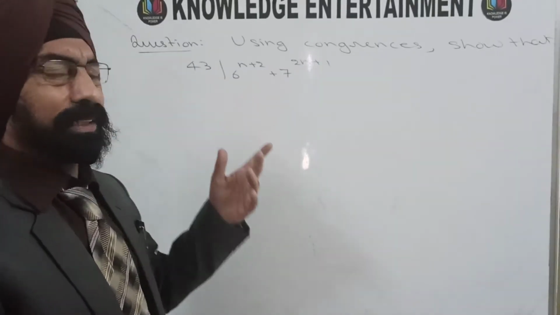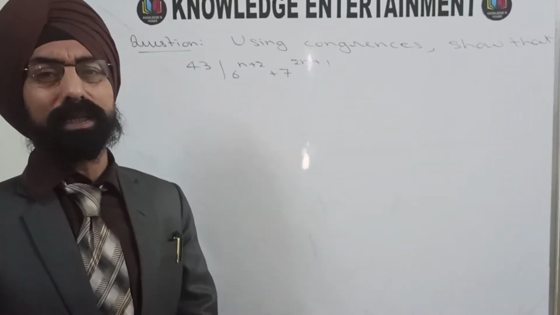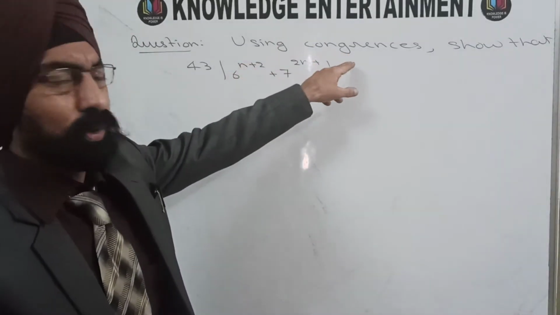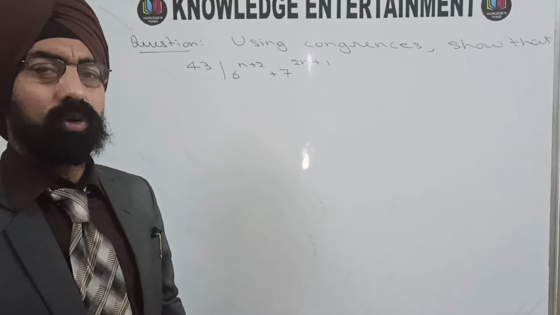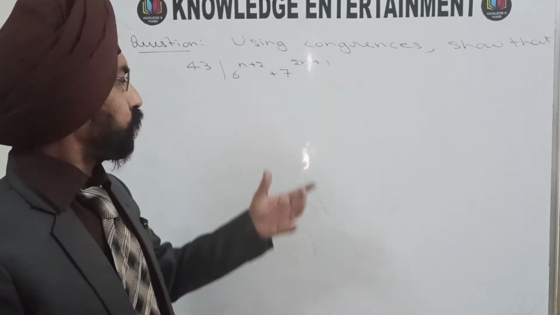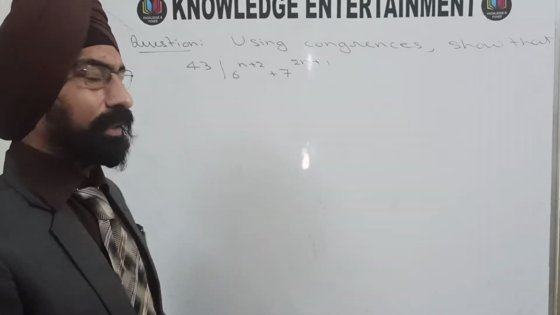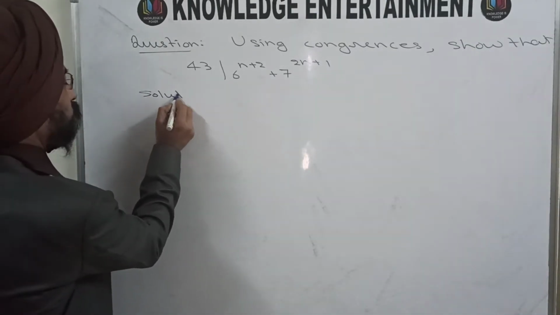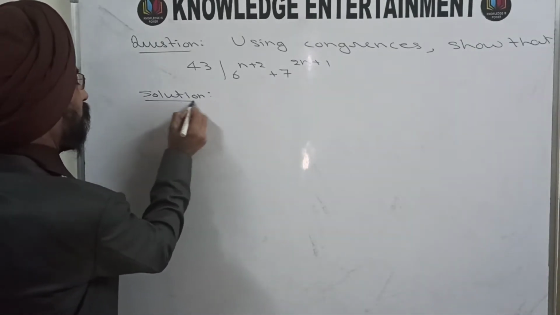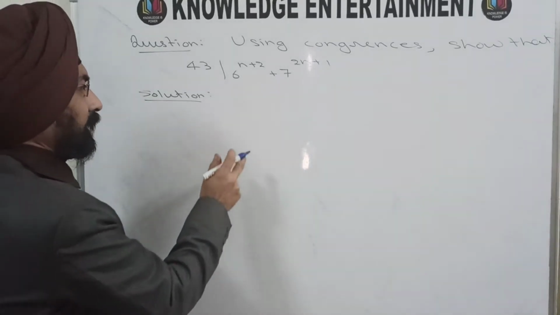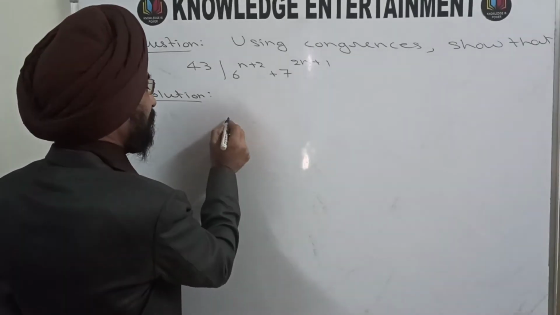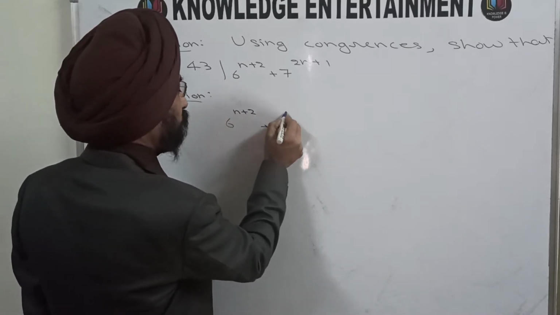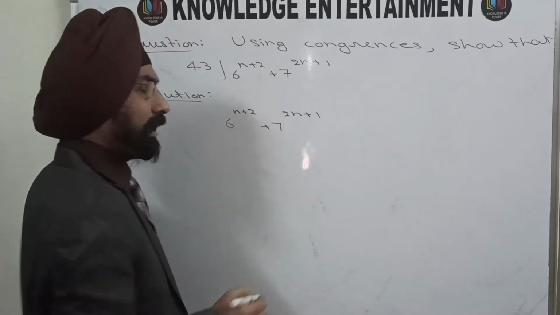We can show this by using the principle of mathematical induction also, but here the question is to use congruences to prove this. So how to use congruences to prove divisibility of this type? Very easy, it's not difficult at all. Look at the solution, how to solve it, how to prove it. This is your 6 raised to the power n plus 2 plus 7 raised to the power 2n plus 1.